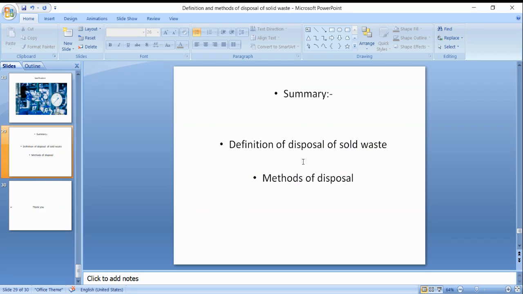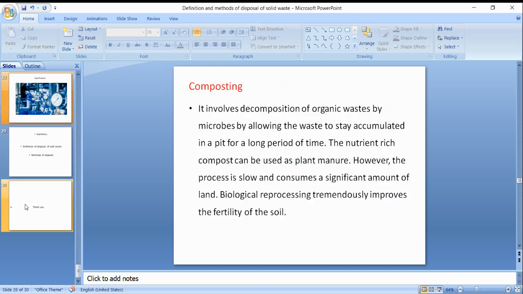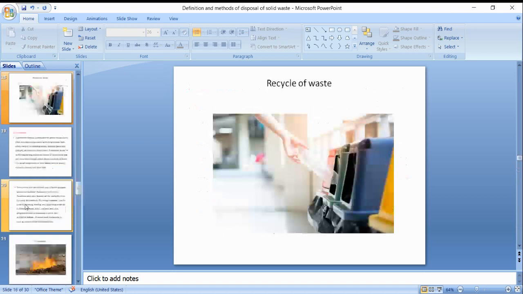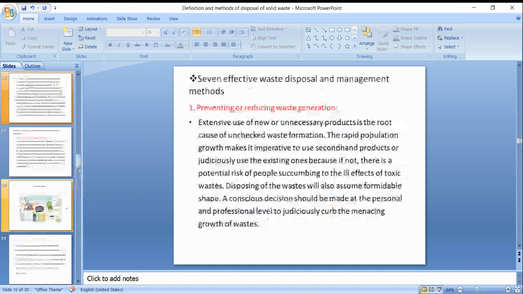So we have discussed the definition of solid waste, the definition of disposal of solid waste, and effective waste disposal and management methods. Seven effective management methods we have seen.